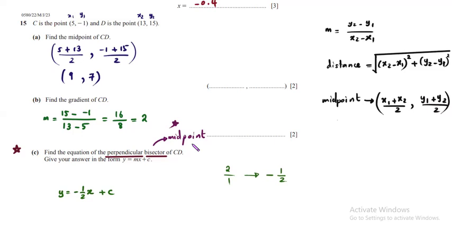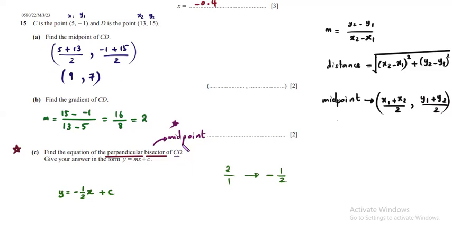This is the most important part, which means we need to find the midpoint of this line CD, and then that coordinate point should be substituted for x and y to find the y-intercept.